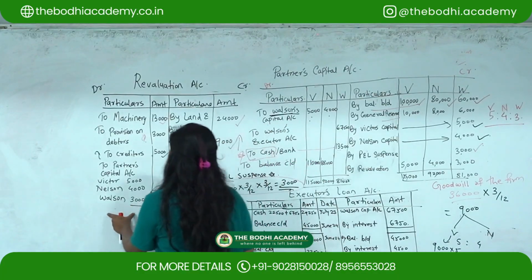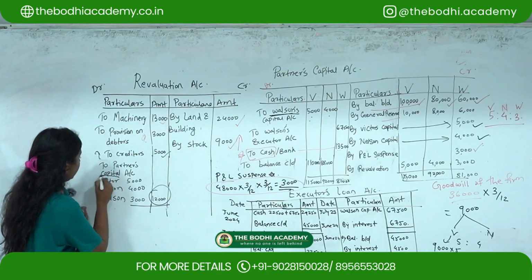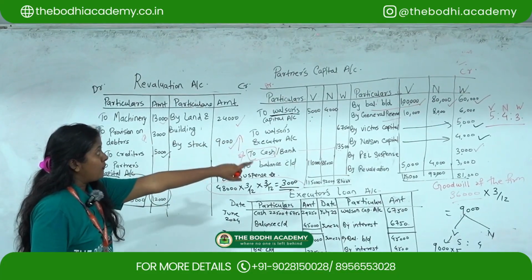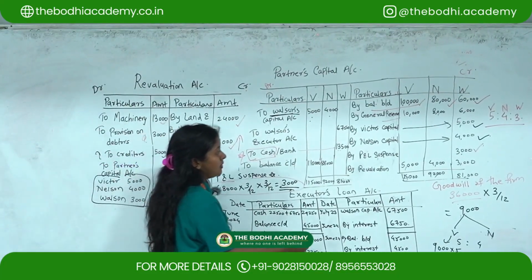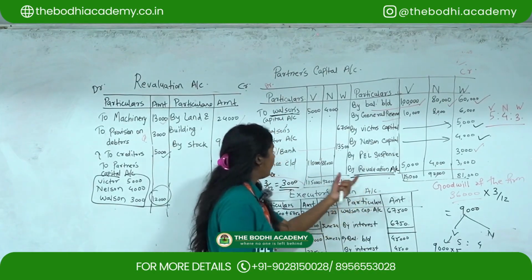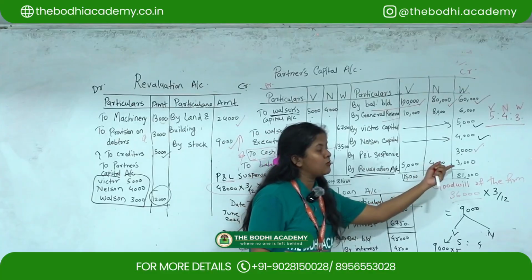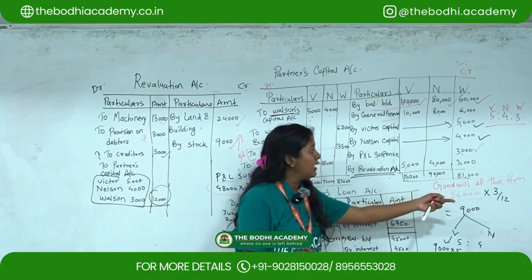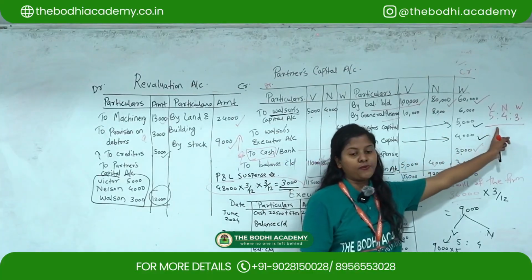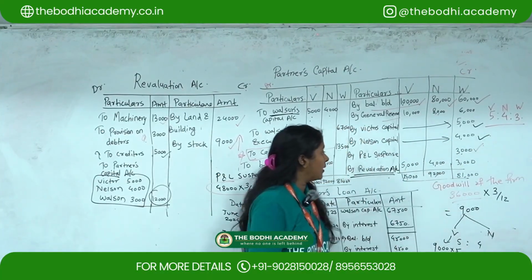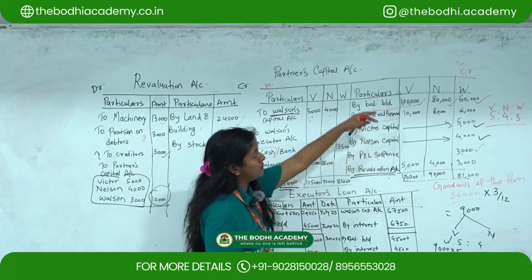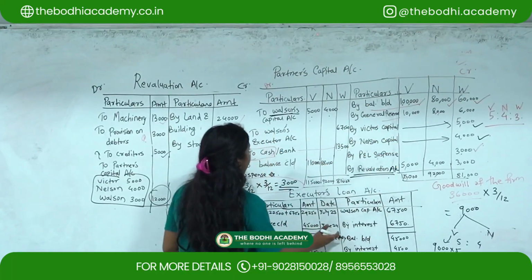So this amount you have to transfer to the credit side of partners capital account as the heading by revaluation account. Okay, so by revaluation I am going to show it as 5,000, 4,000 and 3,000 to all the partners, and this amount, 12,000, we have distributed under this ratio, 5 is to 4 is to 3 ratio.